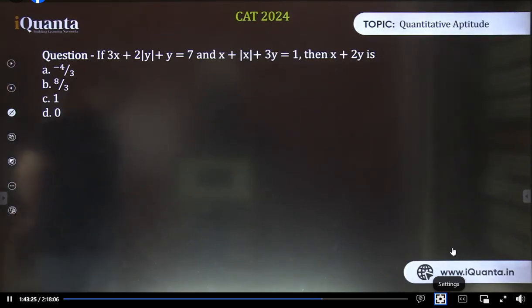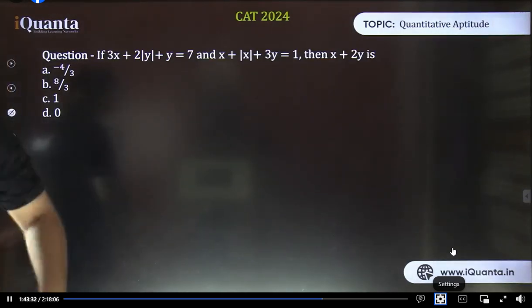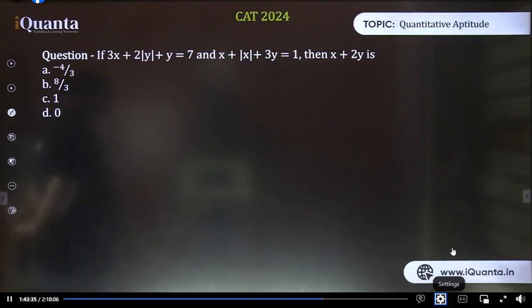Now do this question now. Pranav has come up with the answer 0.